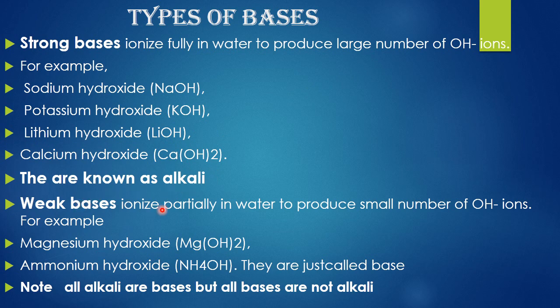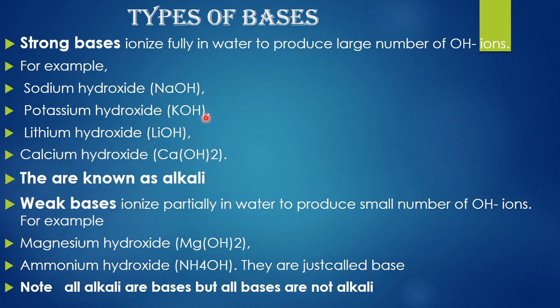Weak bases ionize partially in water to produce a small number of OH ions. For example, magnesium hydroxide, ammonium hydroxide, copper hydroxide, and they are simply called bases. All alkalis are bases, but all bases are not alkalis. Children, remember this. These all are bases because they produce OH ions when dissolved in water.